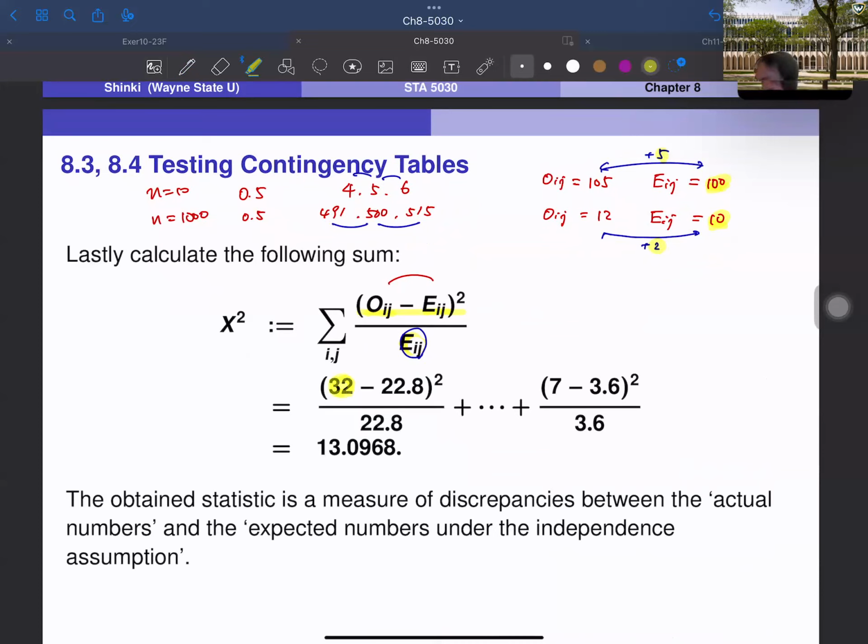The actual observation is 32, and the expected number is 22.8. So we take the difference and take the square. So that is 9.2 squared. Then we divide this by 22.8. And we do this for each term, each pair of ij. So we have in total 3 by 4, so 12 terms. Then we calculate this. So this is a kind of measure of discrepancy between the actual and expected tables.